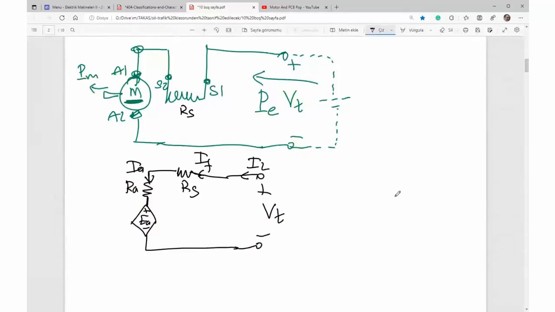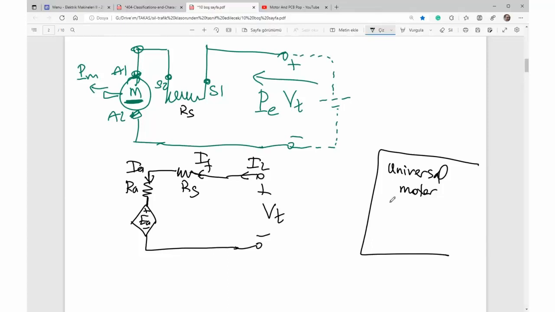So such a machine is called a universal machine, universal motor, a kind of series motor designed for AC.